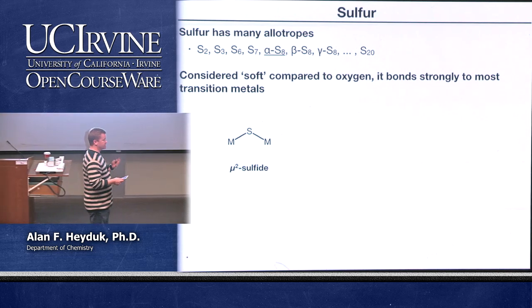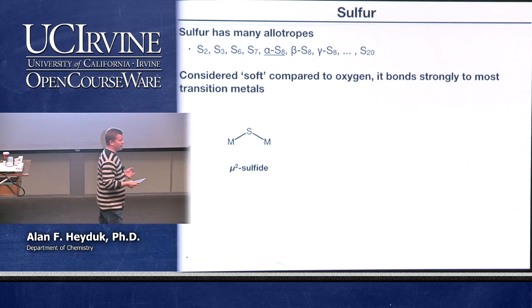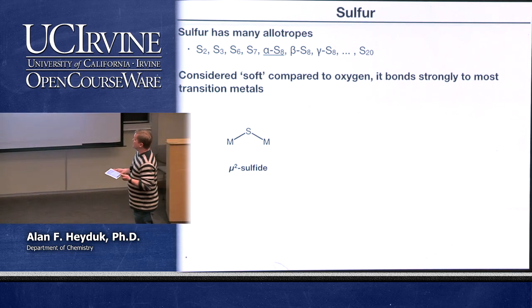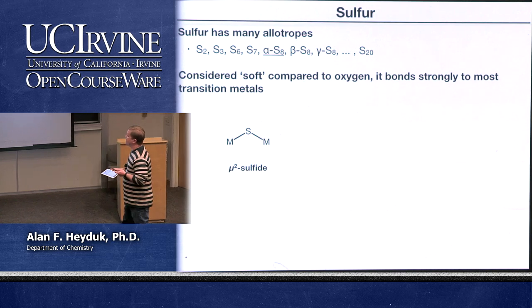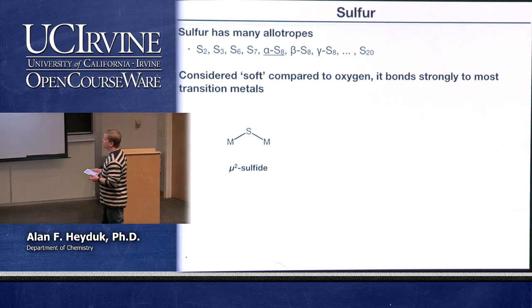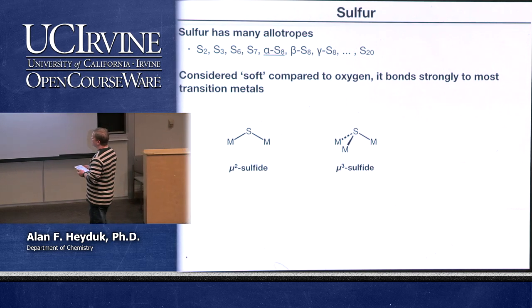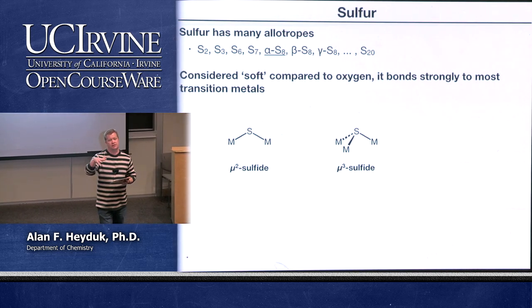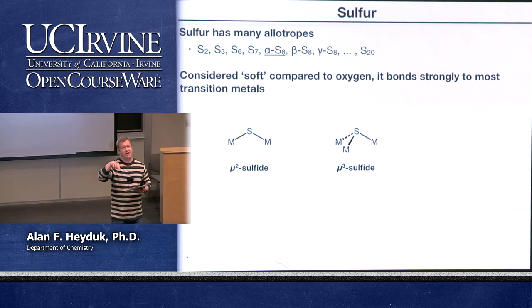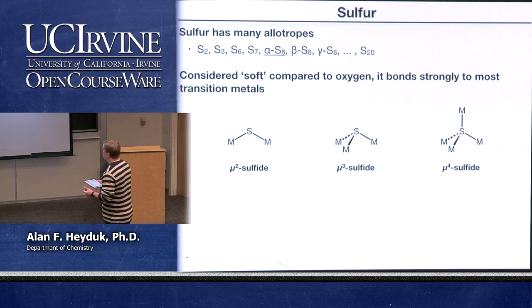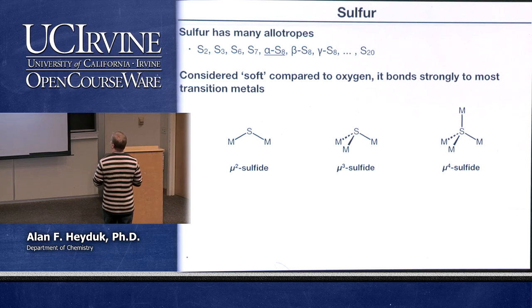And then the other thing that sulfur by itself does really well is form bridging species. A lot of times you'll have 2 transition metals with a single bridging sulfur. We would call that a mu2 sulfide. You can have mu3 sulfides, where the sulfur is capping a trigonal face presented by 3 different transition metals. And you can also have a mu4 sulfide.